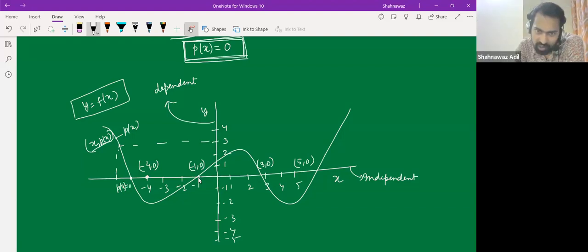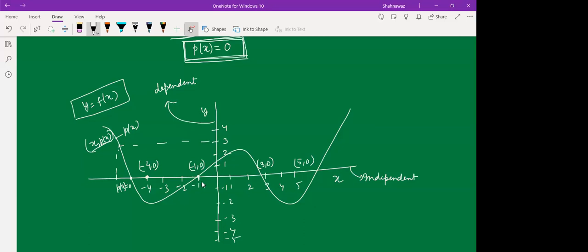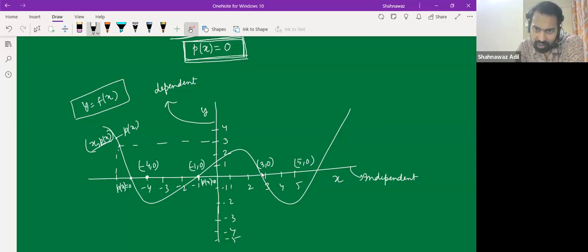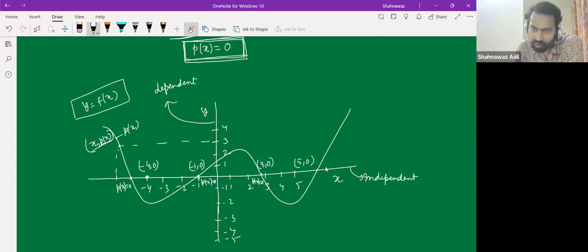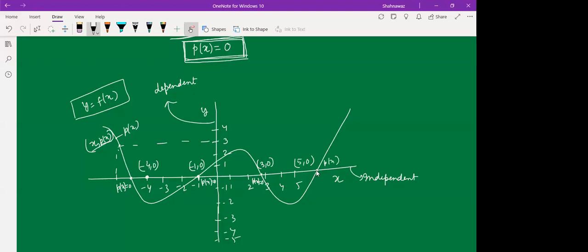What is the value of px at this point? -1. px is 0, sir, because the point lies on the x-axis. Yeah, so the y coordinate is 0. Again, at this point, what is the value of px? 0. And at this point, what is the value of px? 0.